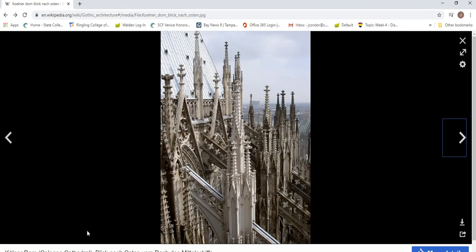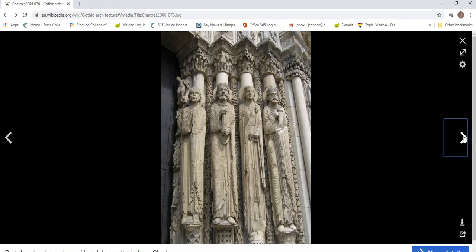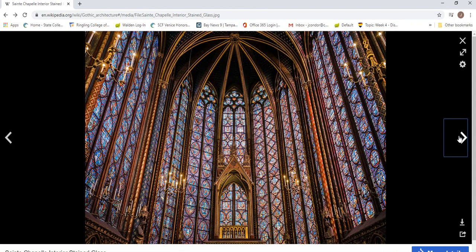This is the Cologne Cathedral, and you can also look at Chartres, the castle, and Sainte-Chapelle. This is the interior. Again, a lot of arches and these types of trefoils or quarterfoils designs in the windows and so on.